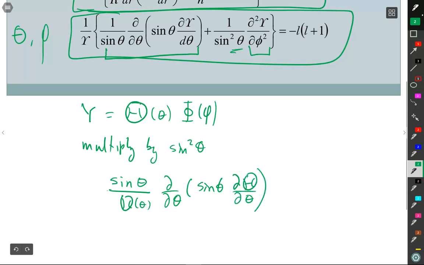Notice I let the phi ones cancel out here, so I didn't write them. Because the partial derivative with respect to theta, the phi is just going to pass through as a constant. So that's my first term.